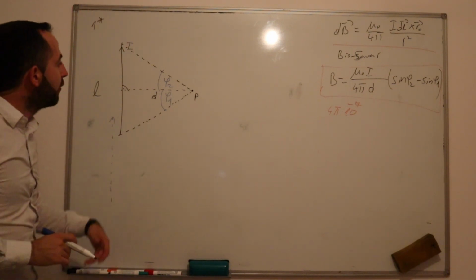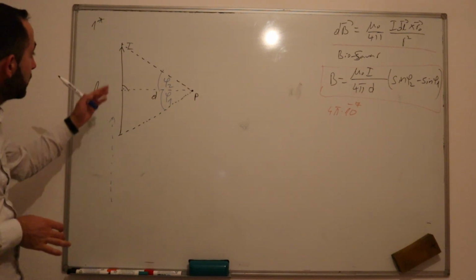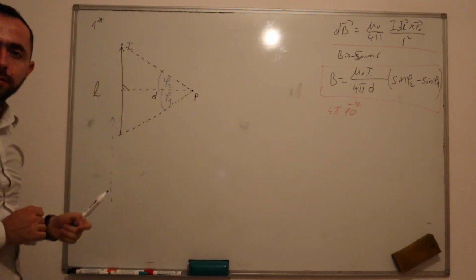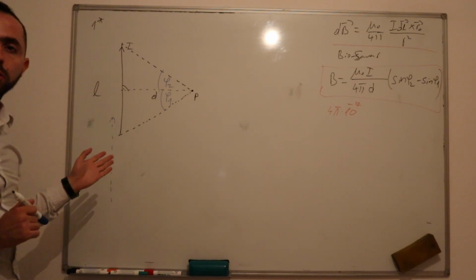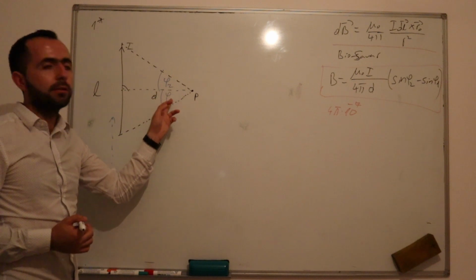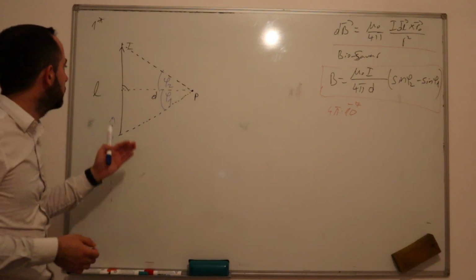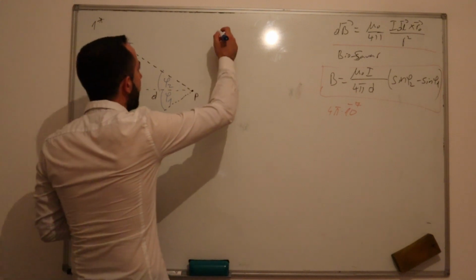So, for this case, what can be a problem with these assignments and calculations? The problem can be to find this angle. But you will find that using the formula for sine.